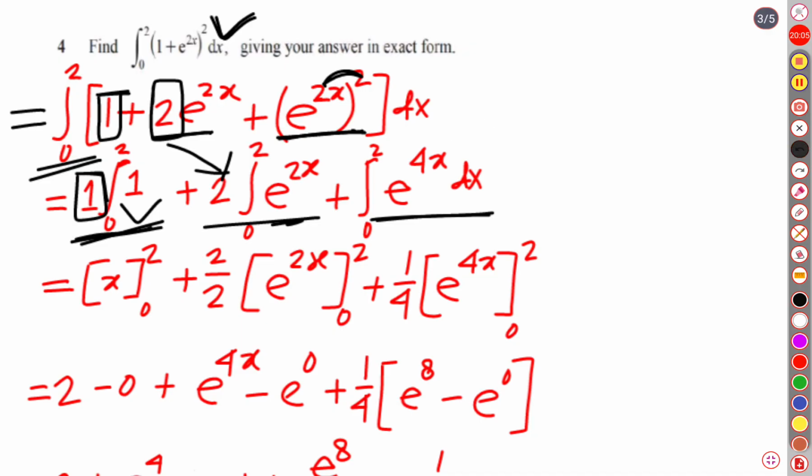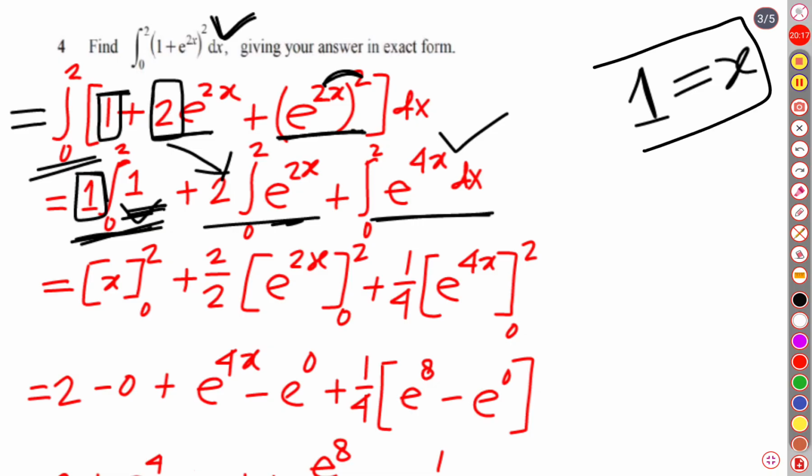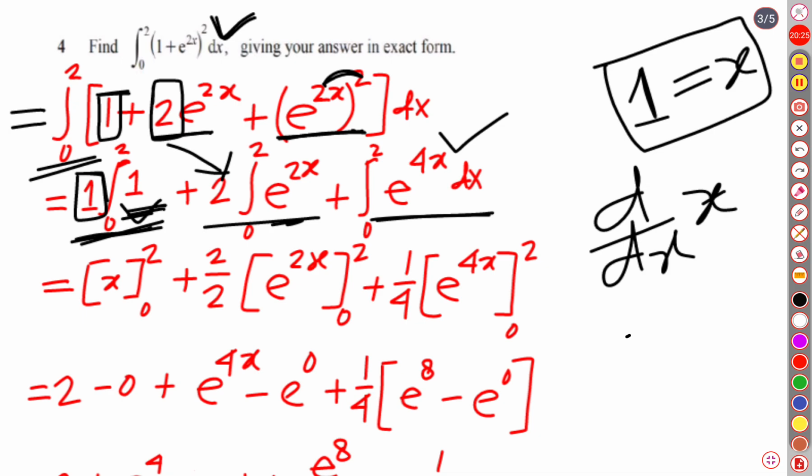Then how will we do it? Let's integrate. Integration of 1 is actually x. This should be remembered, because it's an antiderivative. Look at this, d over dx of x is equal to 1, isn't it? That means the derivative of x is 1.